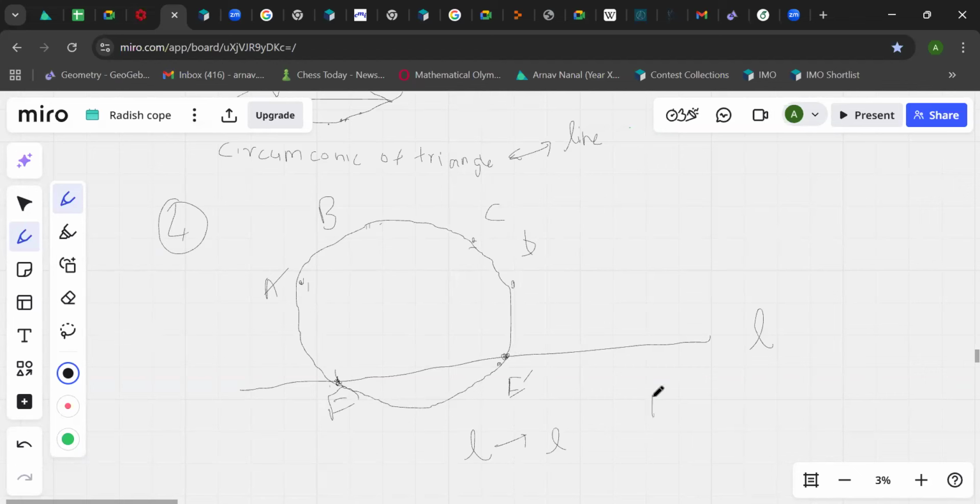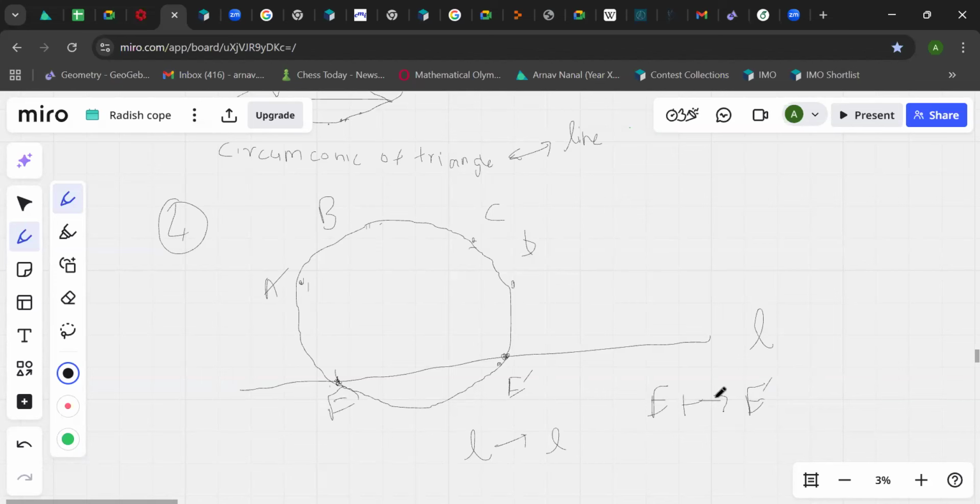So you map E to E dash. This map is projective. The proof is quite easy, but for that you require another theorem, so we will do it after we do that theorem.